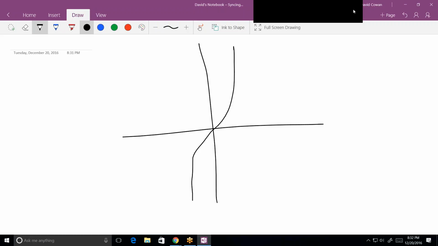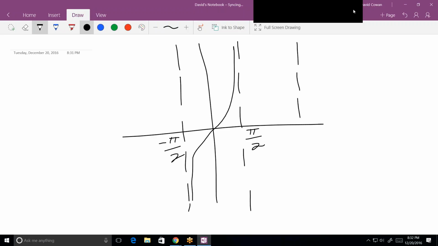Correct. Describe the domain. The domain... Here, I'll help. In other words, the domain is very dependent on where these vertical asymptotes are.